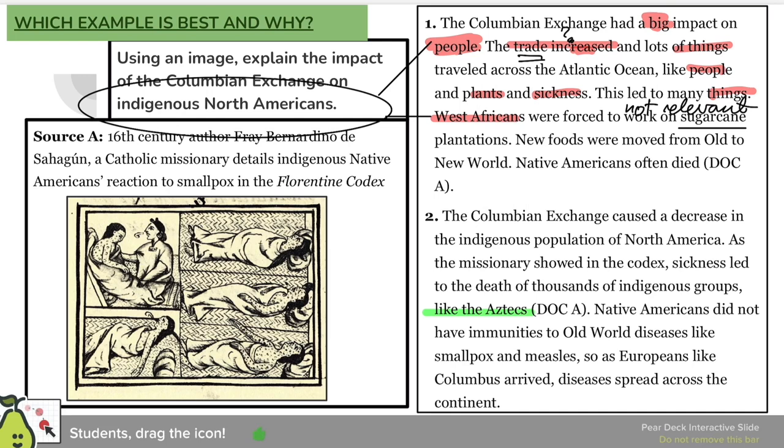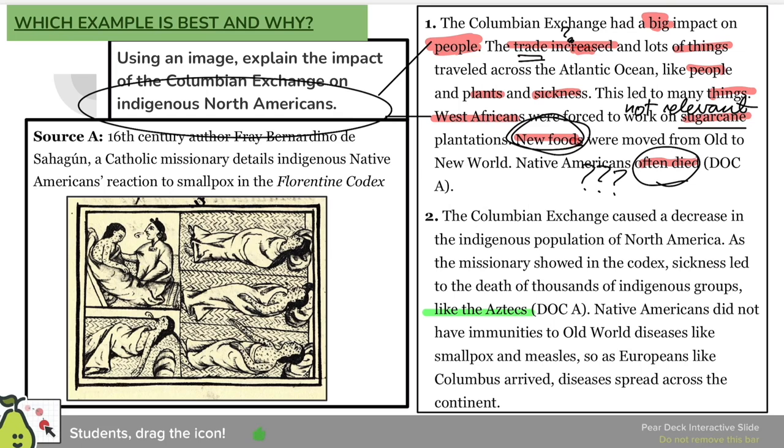New foods were moved from old to new world. Again, nothing about foods in here. We're talking about disease. And then the very end, Native Americans often died. From what? You just transitioned from foods to death. It's supposed to link to smallpox, to sickness. And instead, you just went from food to death. And everybody dies, right? So this isn't some elevated prose that we're reading here.